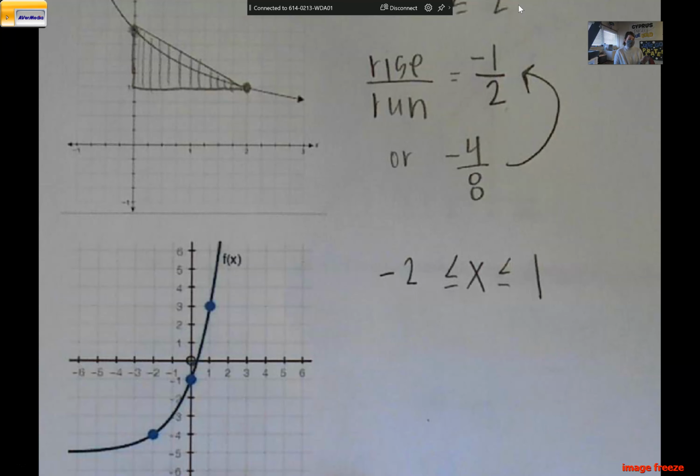So notice that on that last one, if you go from left to right, you have to go down. But on this one, if you move from left to right, you have to go up and over. Yes, always left to right.